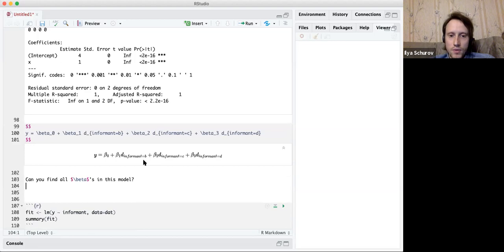So I have 4 possible informants, A, B, C, D, and I have this model. Note that I don't have X on the right-hand side at all. What can you say about the values of the betas for this model? I try to predict Y without using X, but using information about the informant. How can I do it?